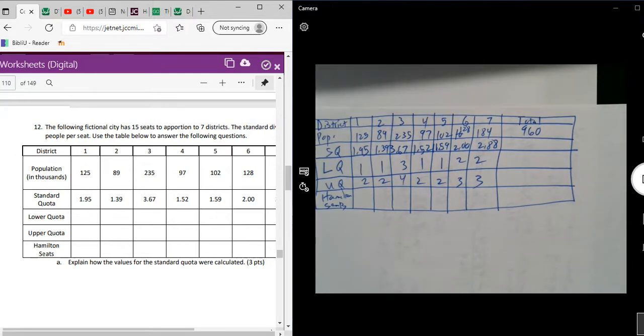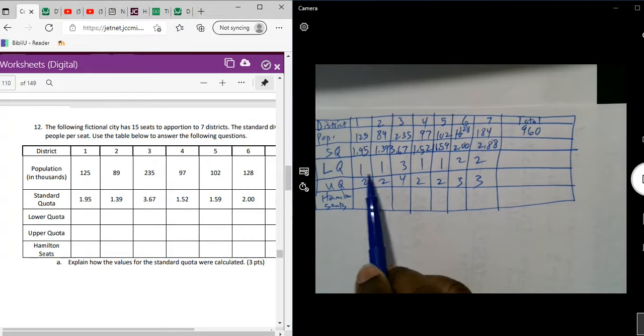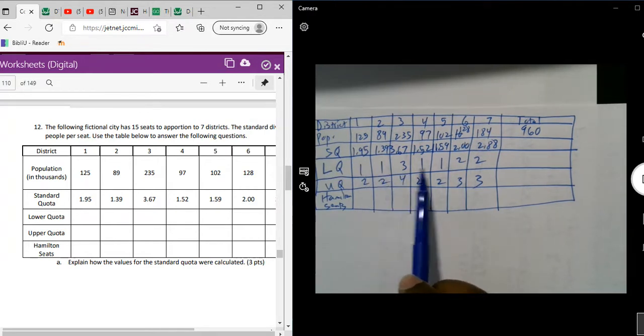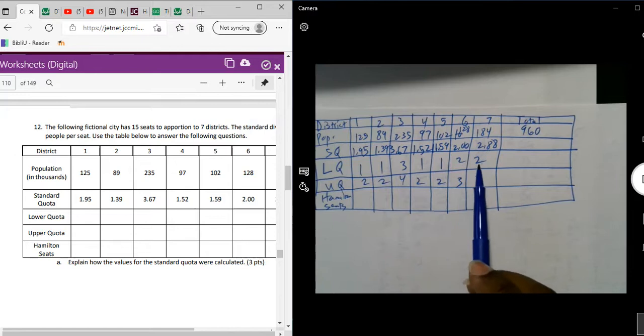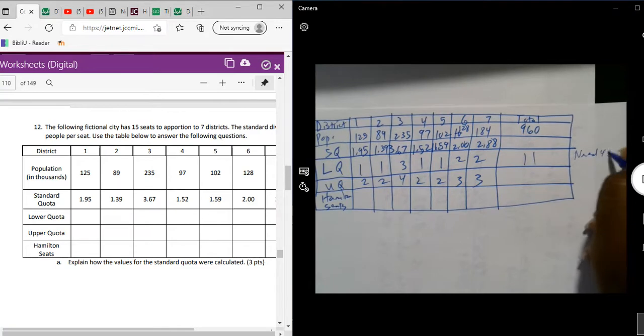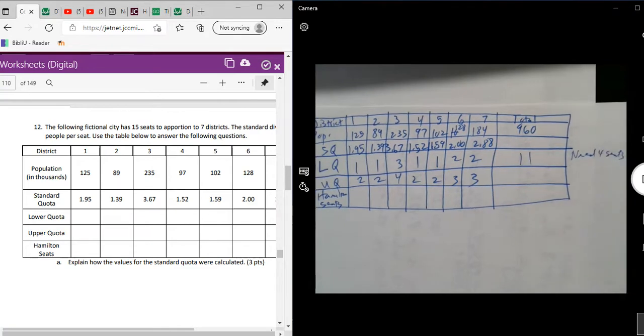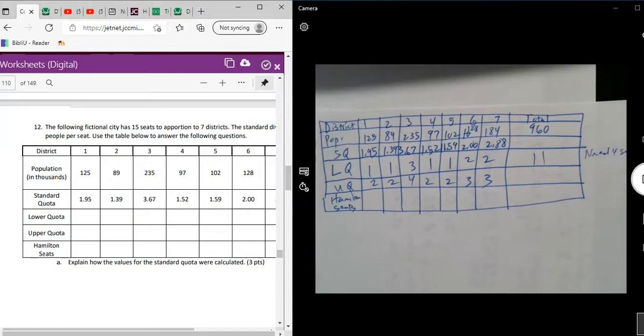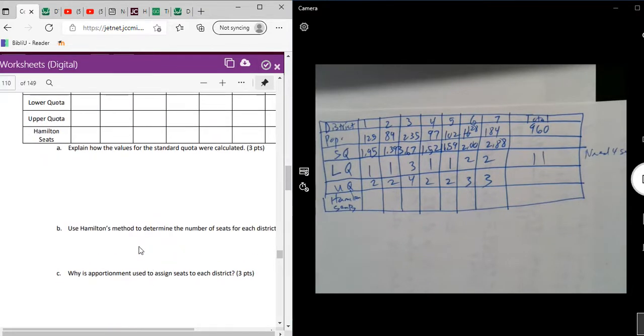With the Hamilton method, we add up the lower quota seats: 5, 6, 7, 8, 9, 10. So we have 11 seats. We're missing 4, so we need 4 seats. This will be important later. But let's see what they ask us here.